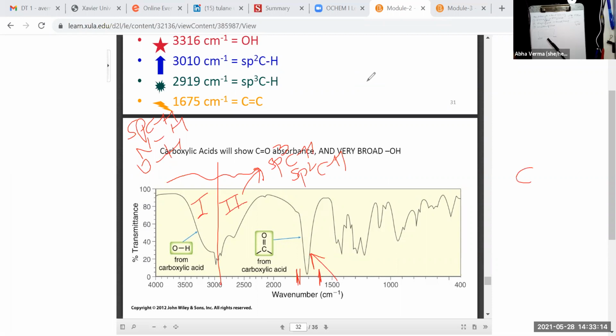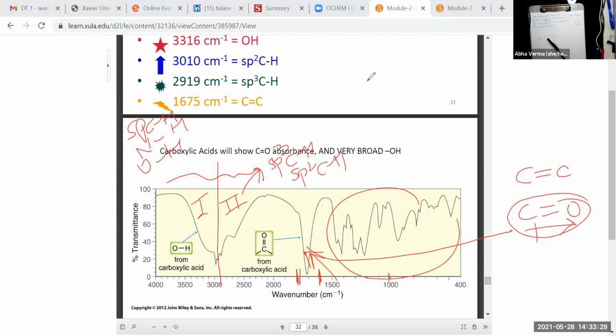And we had just compared that between C double bond C and C double bond O, C double bond O is more polar. So the stronger peak will be from the carbonyl. You don't have to always look at the fingerprint region. Always start to read your IR spectra from the left-hand side.